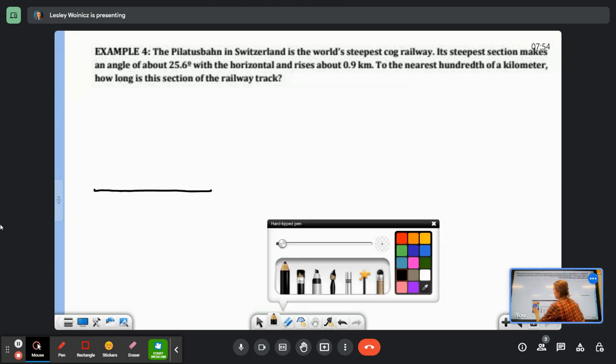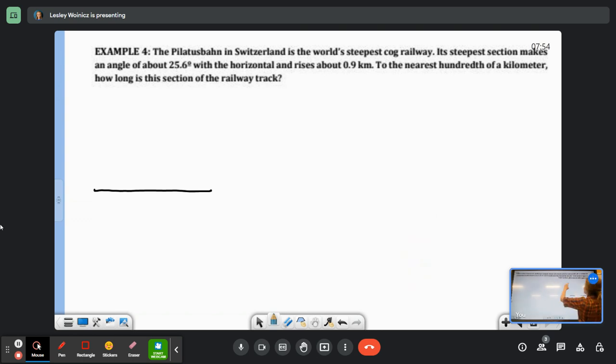It says that at its steepest point, this railway makes an angle of about 25.6 degrees from the horizontal. It says that it rises about 0.9 kilometers. That's telling us the height for that section. 0.9 K.